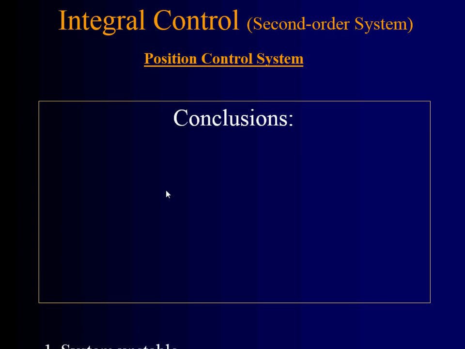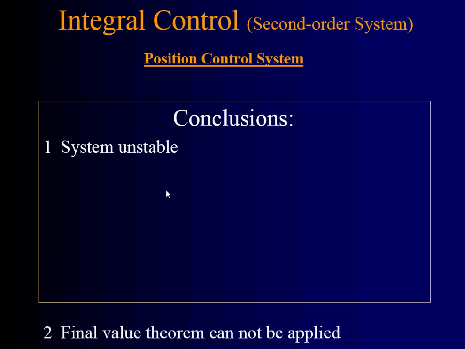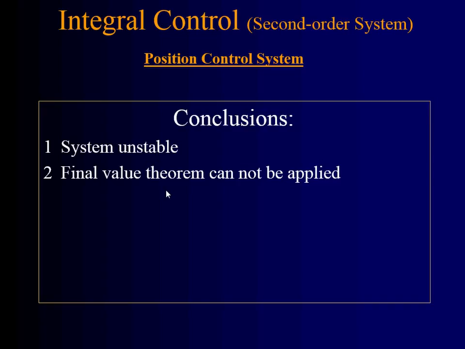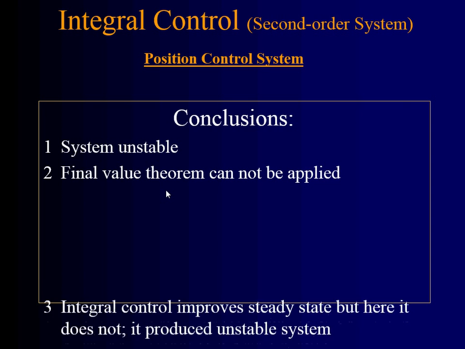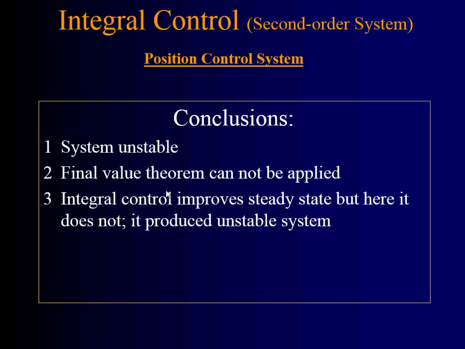In the case of integral control, the system oscillates, creating instability. So you fix the error, but the system oscillates. Mathematical problems also with integral control. Final value theorem cannot be applied. And integral control improves a steady state, but it produces an unstable system.